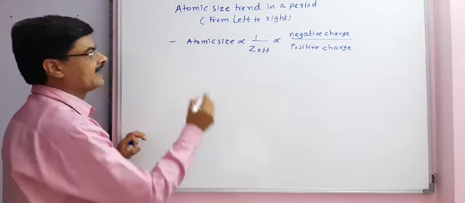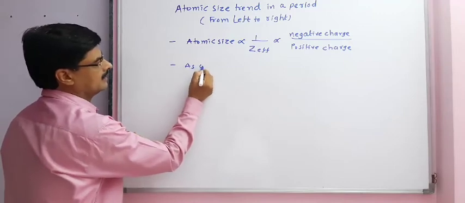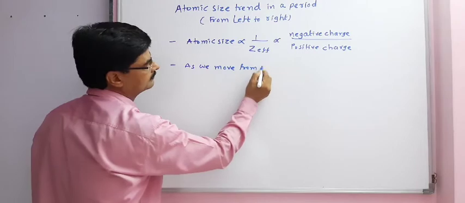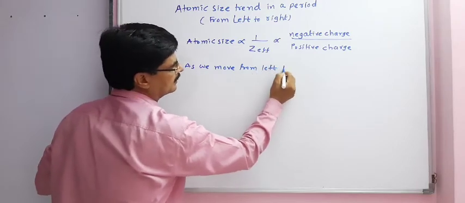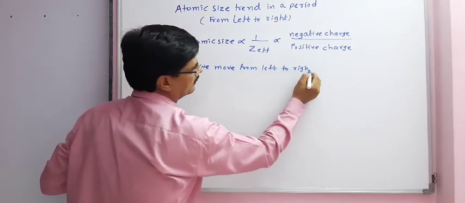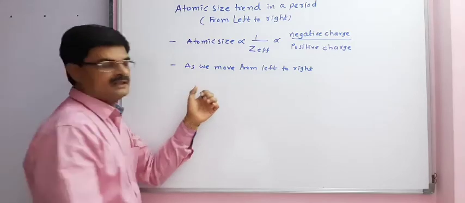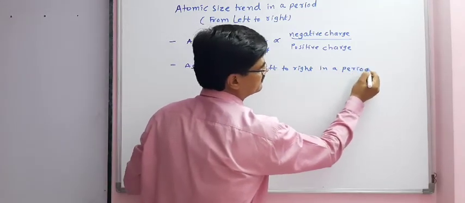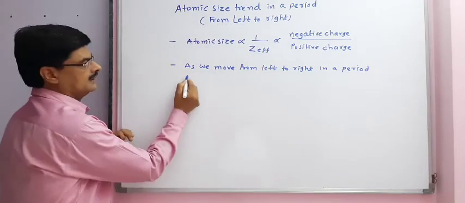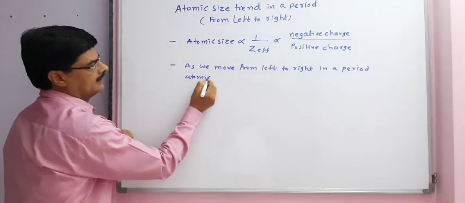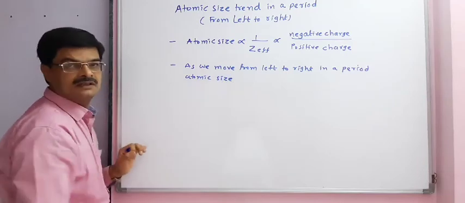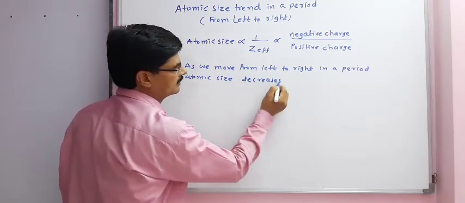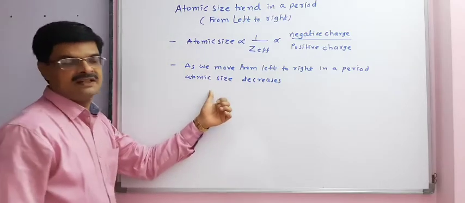In general, we can write, as we move from left to right in a period, atomic size decreases. Now, why does atomic size decrease?